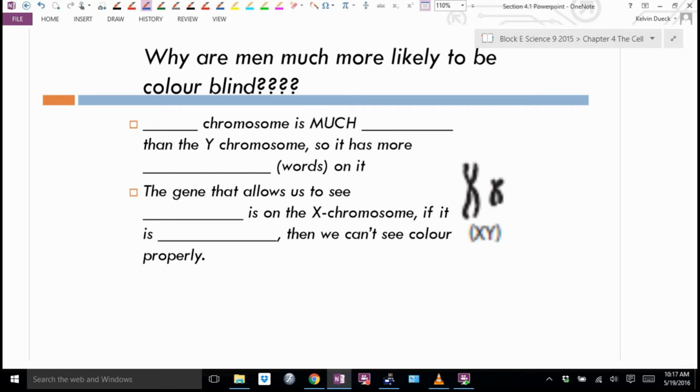This year, the NFL has promised they'll do more research and make sure that if you're colorblind, you can still watch a game. So why are males so much more likely to be colorblind? Well, it turns out the X chromosome is much bigger than the Y chromosome.